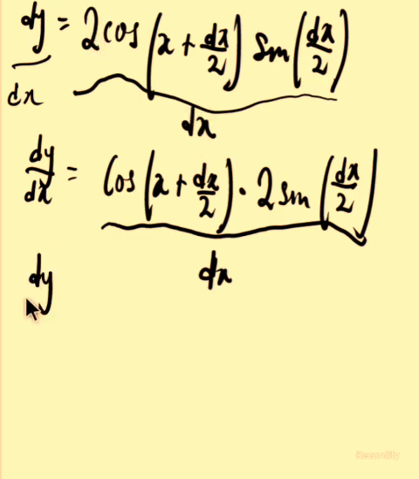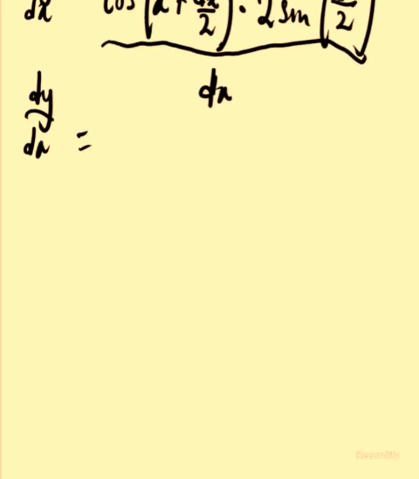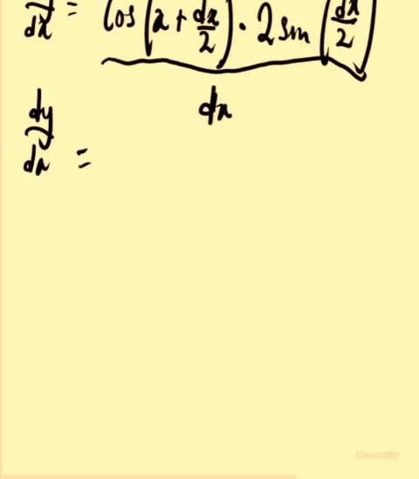So dy/dx is equal to, all right, I want you guys to follow me with full attention, cos of (x plus dx over 2) dot 2 sine (dx over 2) all over dx.